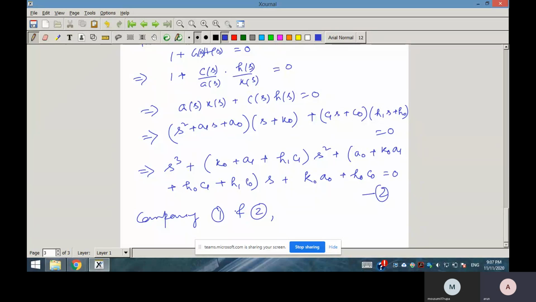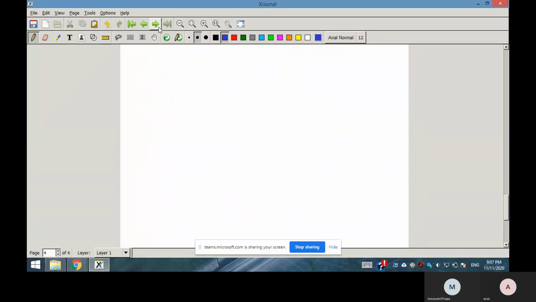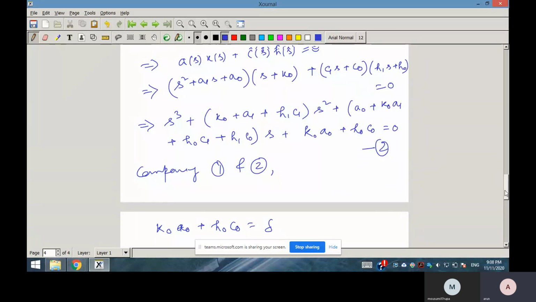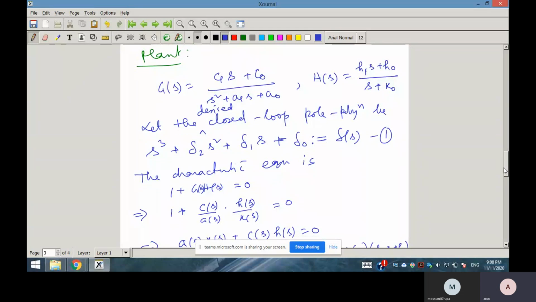So if you compare 1 and 2, the coefficient of s to the power i, i equal to 0 to 3, then what will you get? You will get k naught a naught plus h naught c naught. You just see, this coefficient should be equal to delta naught.